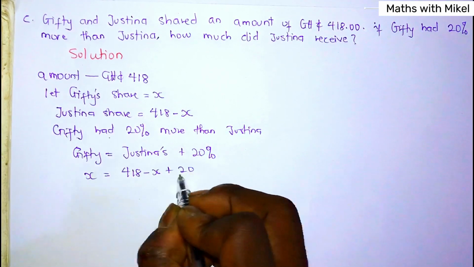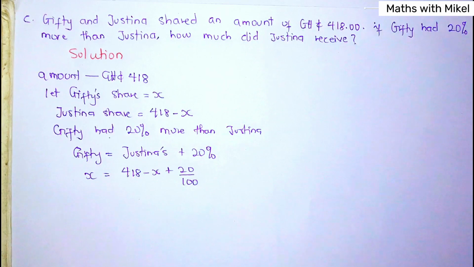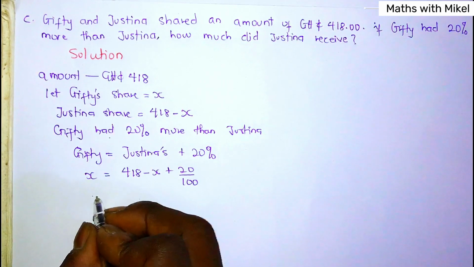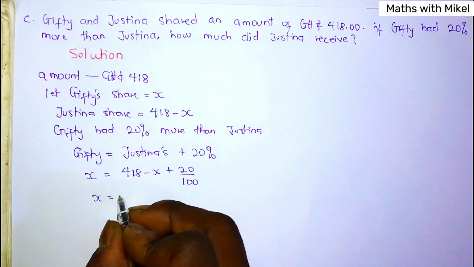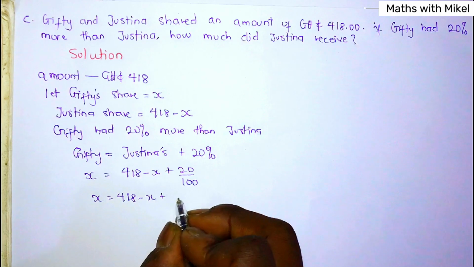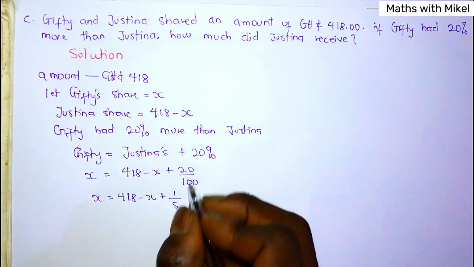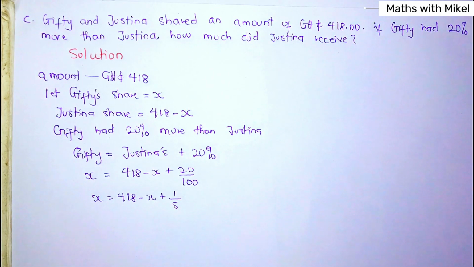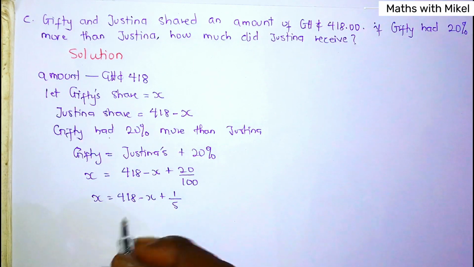20% is 20 over 100. So we simplify this expression. We get x is equal to 418 minus x plus 1 over 5. So we have x here, we take it to the other side.